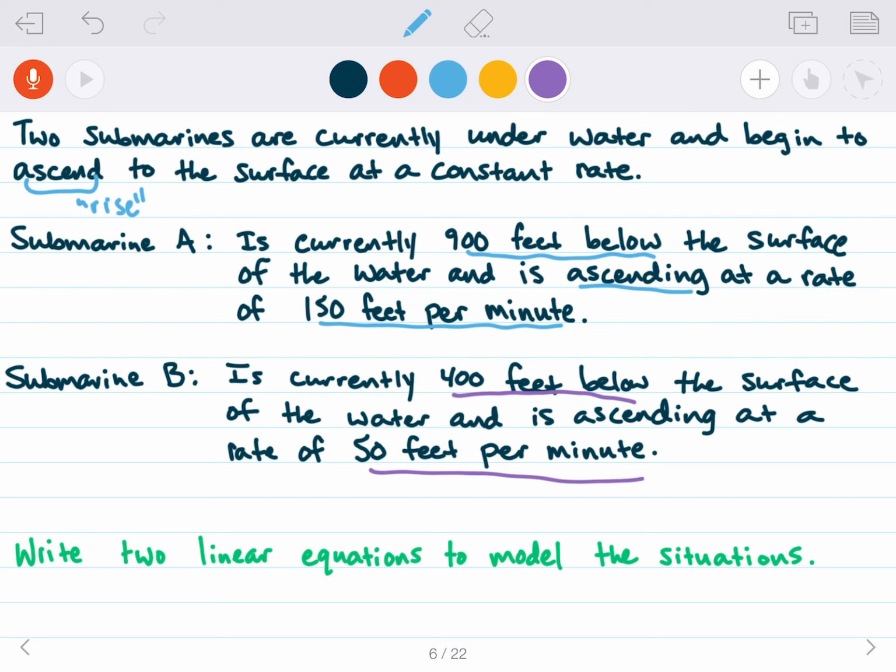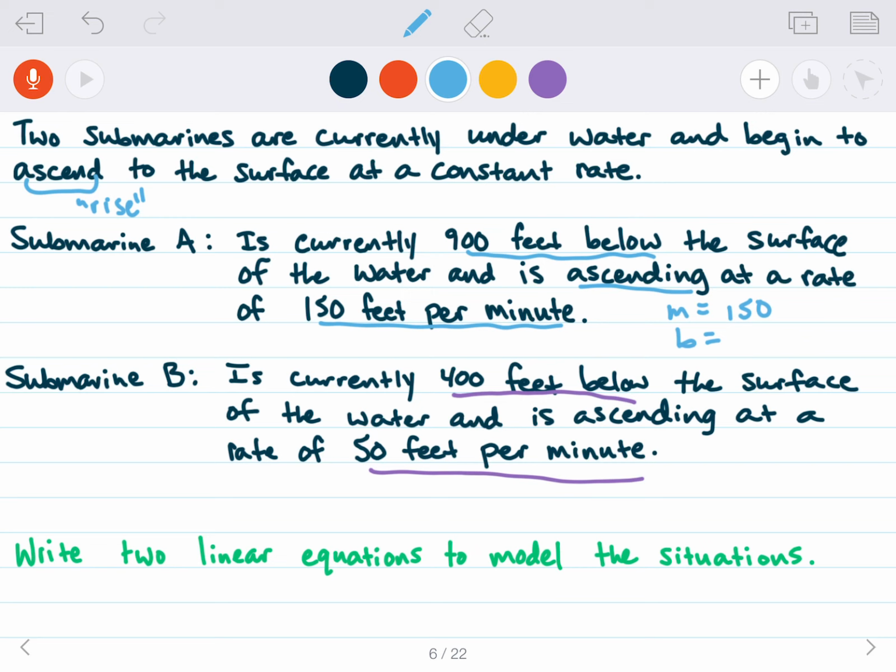of time. The set amount per unit of time in sub A is going to be 150, right? Because I'm rising 150 per unit of time, which in this case is minutes. Now, what is my y-intercept? What is my initial value?